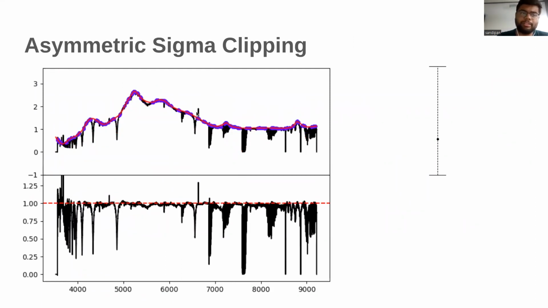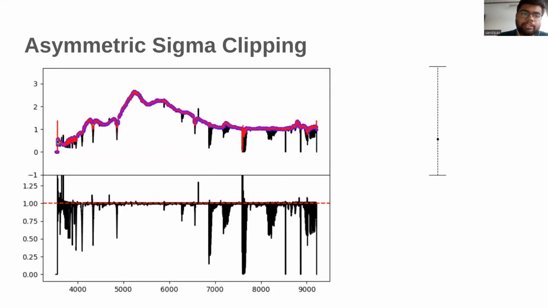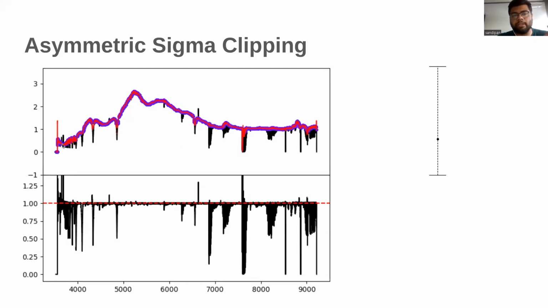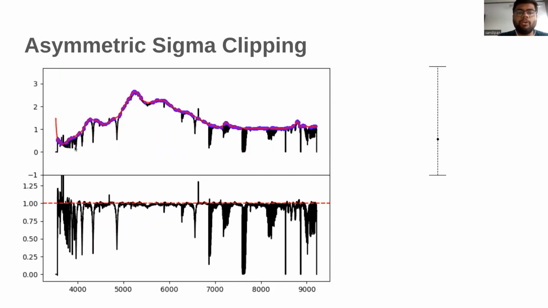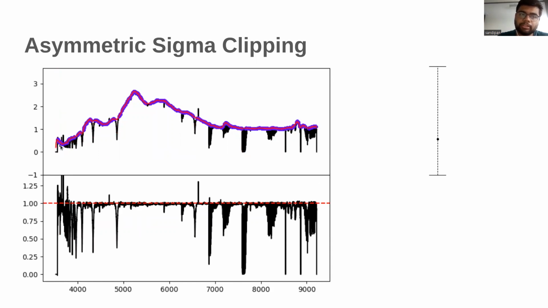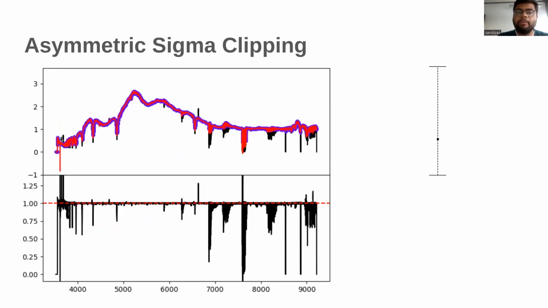Here, like previously, you take a small window, you determine the average flux there, but instead of denoting that average flux as the continuum, what you do is remove all the flux values which are 1 sigma below the average, and you remove all the fluxes which are 3 sigma above the average.